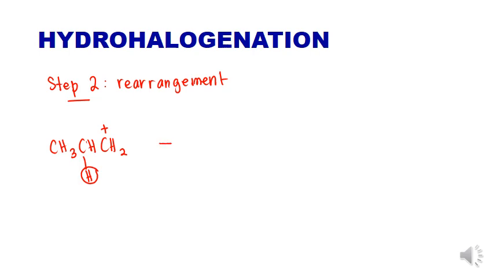So this process is called 1,2 hydride shift. Okay, jadi pada langkah 1,2 hydride shift ini, kita akan shift the position of the hydrogen atom to the carbocation.